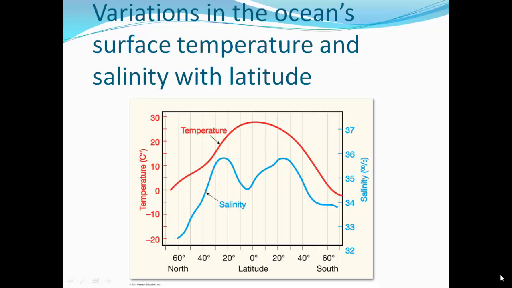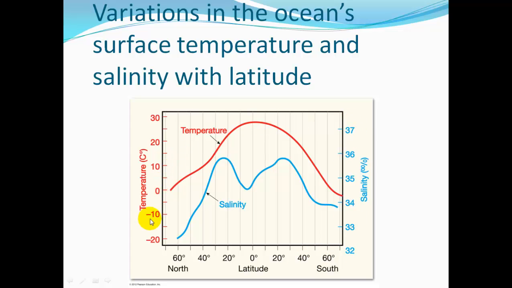So, variation in the ocean's surface temperature and salinity with latitude. Okay, so on this x-axis we have latitudes from 0 for the equator, going southwards and going northwards. We've got temperature in degrees Celsius with the zero here. And the salinity scales over on this axis over here, 32 parts per thousand up to 38 parts per thousand.